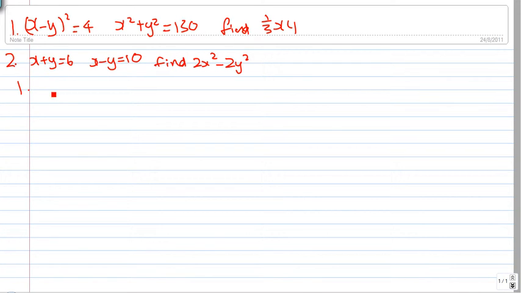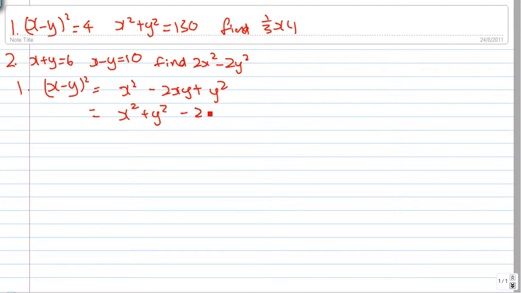Question 1, okay, x minus y squared equals x squared minus 2xy plus y squared. Rearrange it: x squared plus y squared minus 2xy.